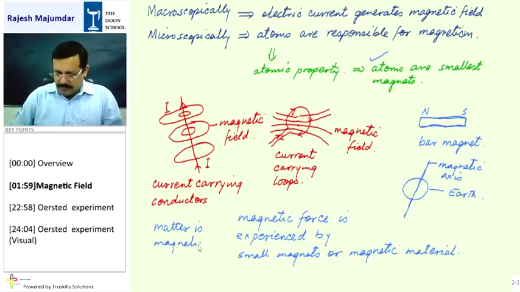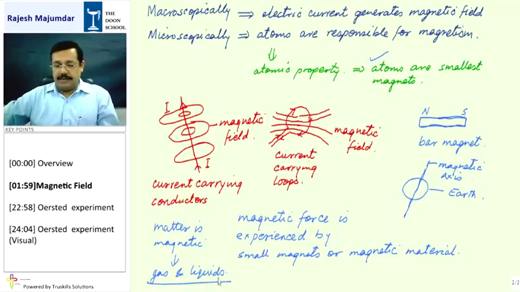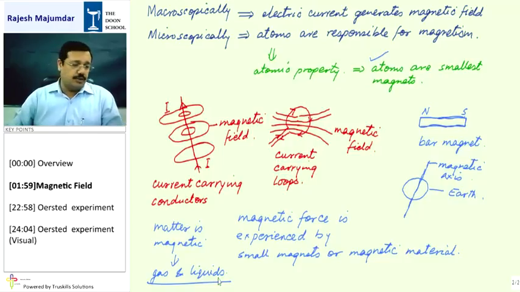Remember this. And so gases and liquids also show magnetic property. So it is not that magnetism will be only shown by solid substances. No, it is not true. Magnetism can be shown by gases and by liquid material as well. So I think you must have understood this concept of magnetic field.